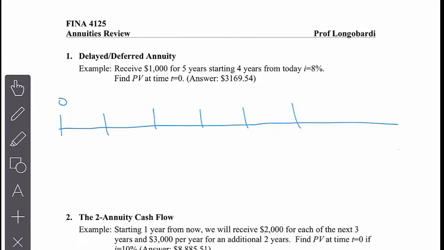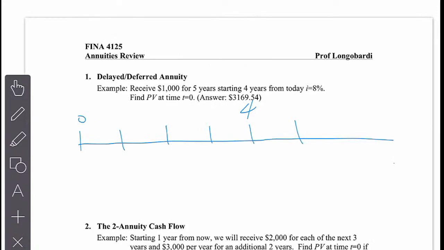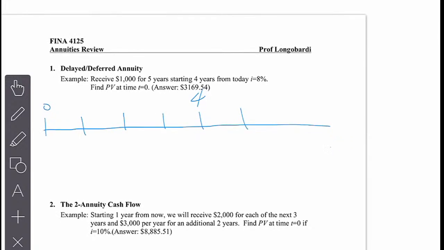So when I count from now, it corresponds to the number that I put here. So this will be 4 years from today. And you receive for 5 years. So let's make this a little smaller so it can fit. This is something I cannot do with a chalkboard. So this goes on. So for 5 years, starting 4 years from today, I receive 1,000, and then 1,000 for 5 years. That's it.